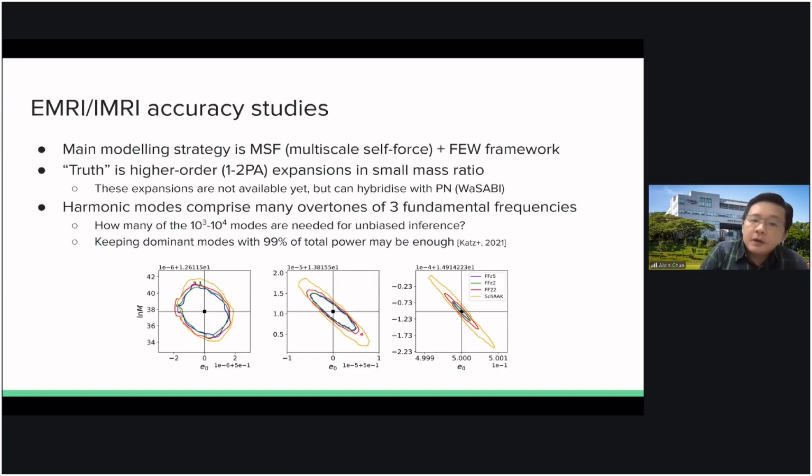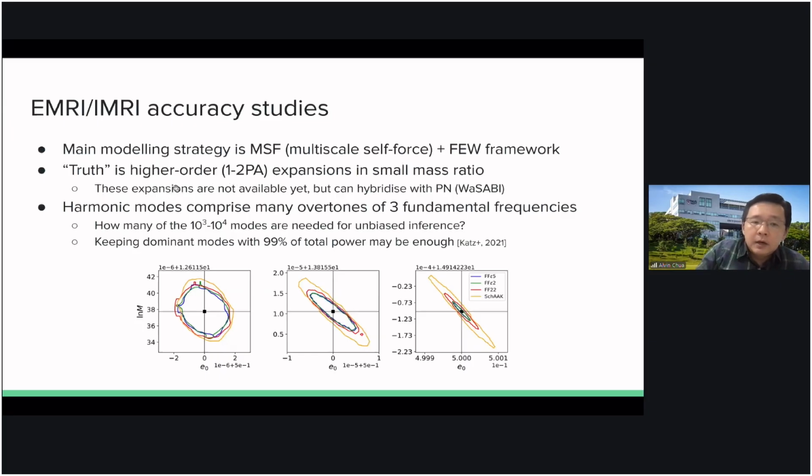So here, the main modeling strategy is the multi-scale self-force approach, and the implementation is done on the FEW framework, where we accelerate with GPUs. In the MSF approach, it does contain what we can call truth. This would be in the form of higher order expansions of the evolution of these orbits, expansions in the small mass ratio parameter.